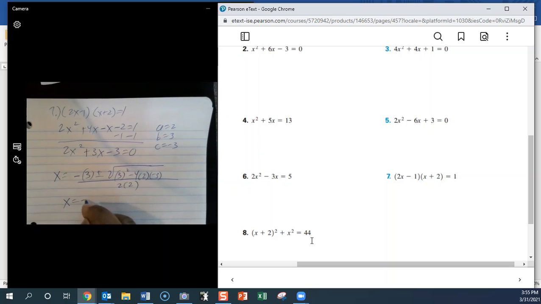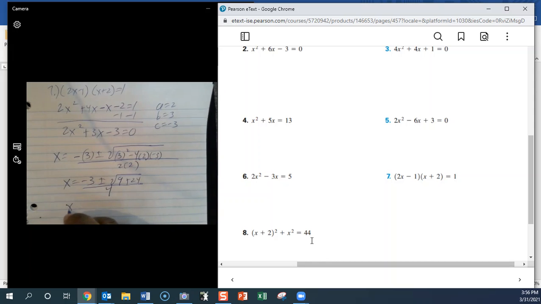So it'd be x equals negative 3 plus or minus the square root of 9, and this would be, what's that, negative 8 times negative 3, positive 24, all over 4. So this would be x is equal to negative 3 plus or minus the square root of 33 all over 4.